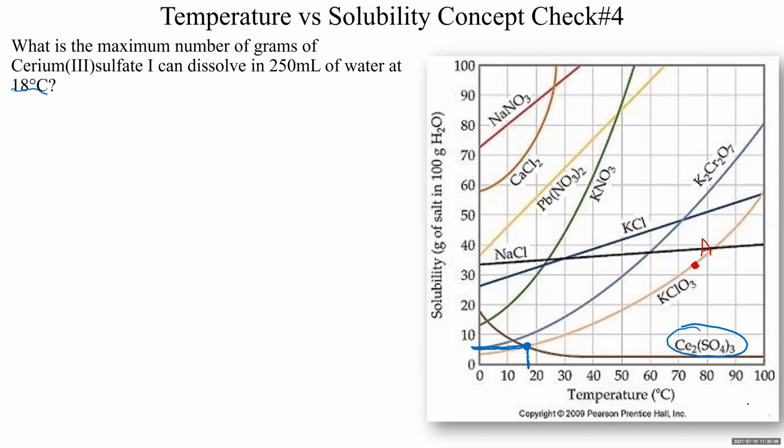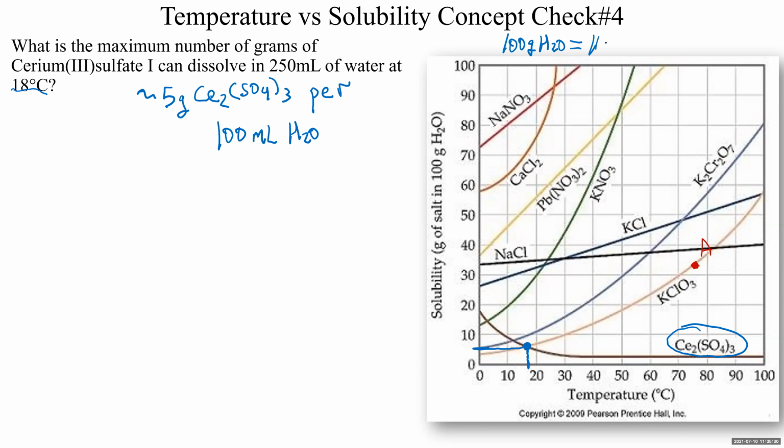That point represents about 5 grams of cerium sulfate, cerium-3 sulfate, per 100 milliliters of water. Remember, given the density of water, 100 grams of water equals 100 milliliters of water.